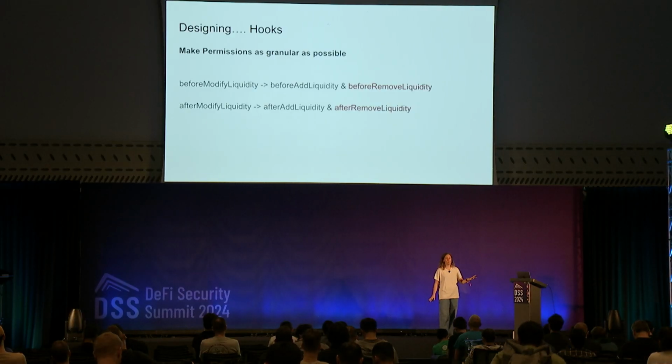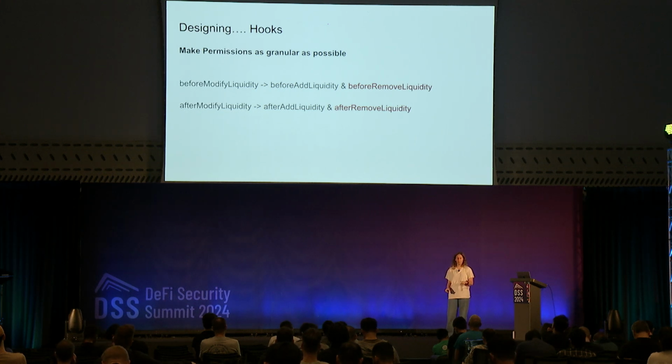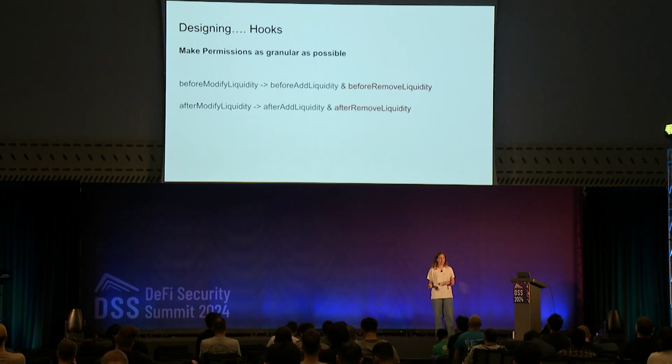And so one thing that we did in designing v4 is we added new flags. Instead of just having before modify liquidity and after modify liquidity, we split these flags out into four flags. This was really important because we had to distinguish between adding liquidity as an action and removing liquidity as an action.